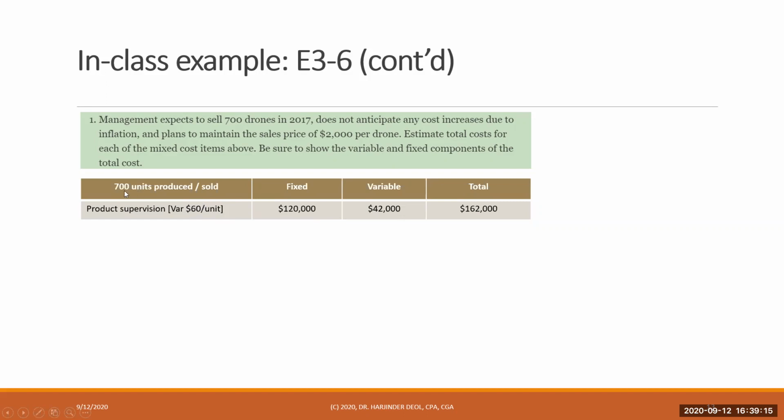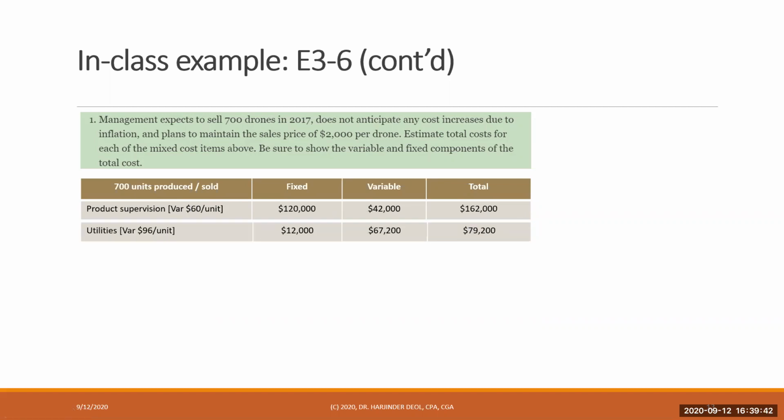So if 700 units are to be produced, 700 units multiplied by $60 for each unit produced works out to a variable cost of $42,000. 120,000 fixed plus 42,000 variable gives us total product supervision costs of $162,000.